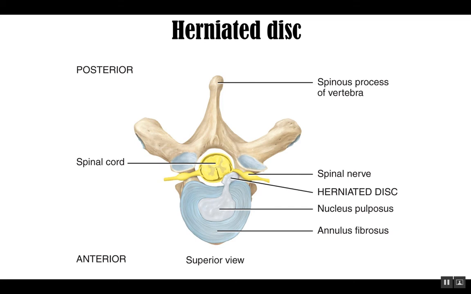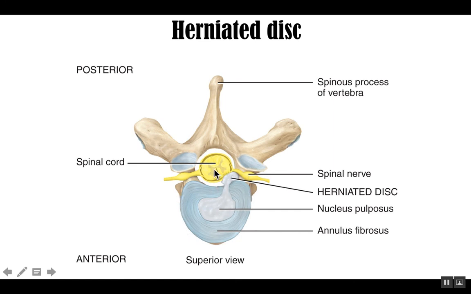Here's what might happen if there is a lot of stress on the vertebral column. We could get what's called a herniated disc. A herniated disc is when a component of that intervertebral disc gets pushed and compresses either the spinal nerve or the spinal cord.